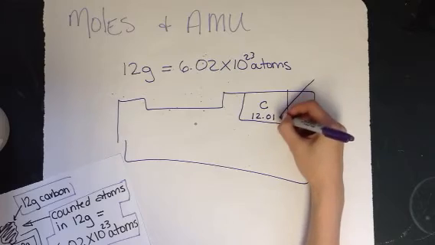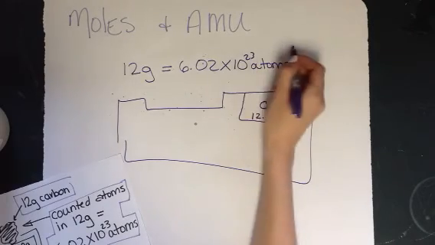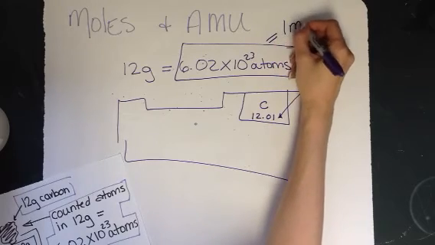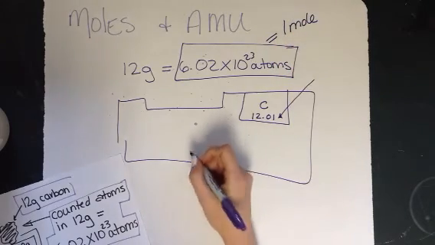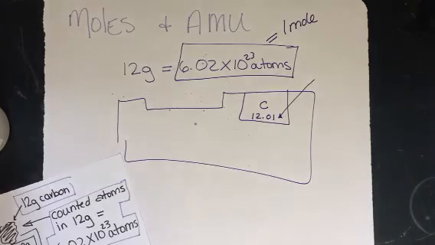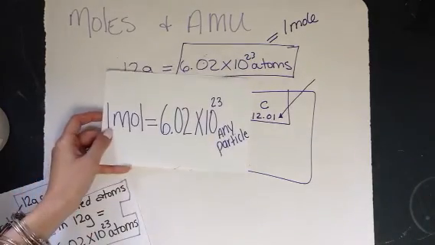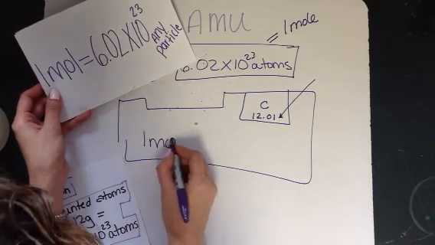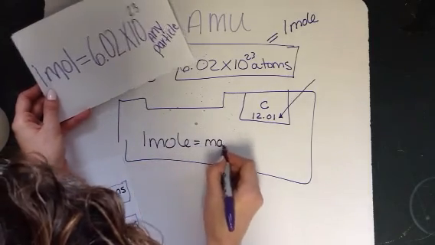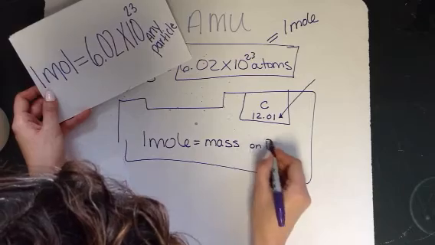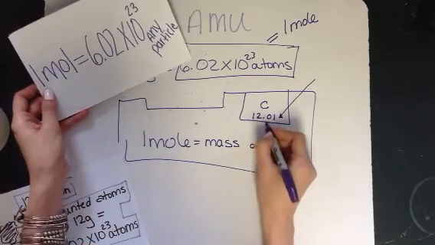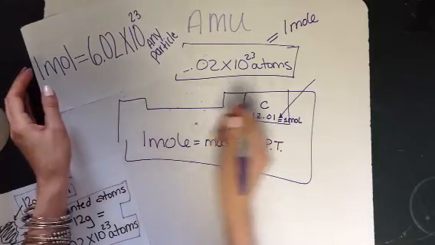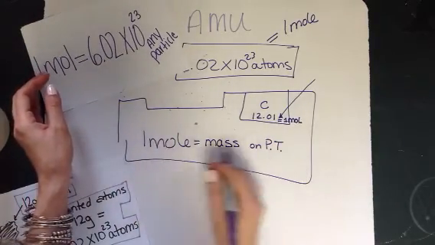Remember, 6.02 times 10 to the 23rd is equal to 1 mole. So we say in our new conversion, 1 mole is equal to the mass on the periodic table. That's equal to 1 mole. And so is every other element on the periodic table.